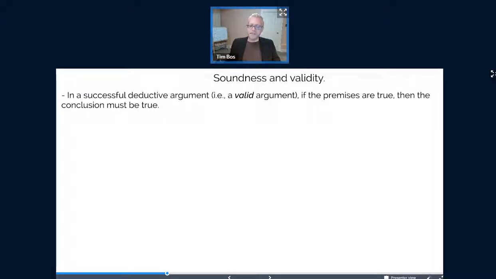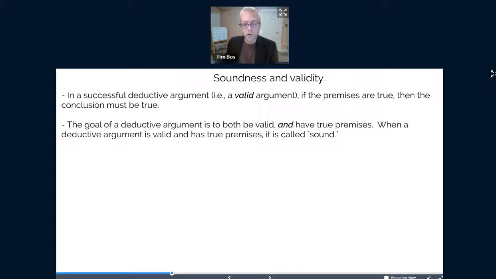Just reminding you what a good deductive argument looks like. And instead of saying good from now on when we talk about deductive arguments, we'll talk about valid arguments. In a valid argument, if the premises are true, then the conclusion must be true. But you don't want an argument to just be valid. It's very easy to come up with valid arguments with bad conclusions because the premises are wrong.